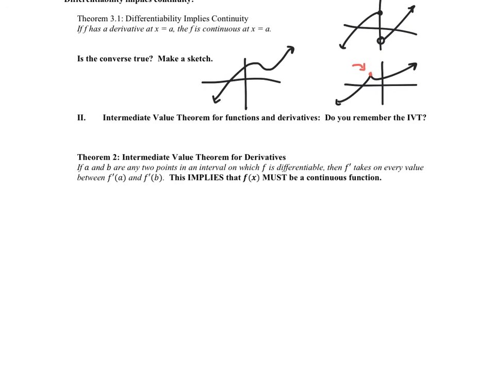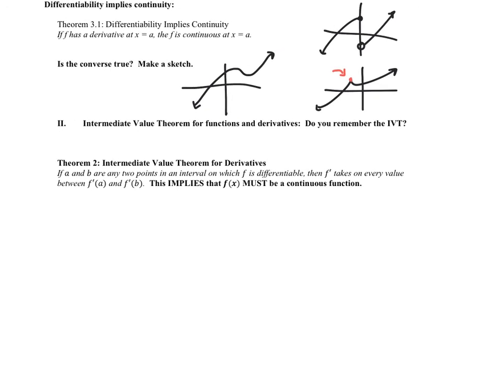Theorem number 2, the intermediate value theorem for derivatives, says that if a and b are any 2 points in an interval on which f is differentiable, then f prime takes on every value between f prime at a and f prime at b. This implies that f of x has to be continuous. So let's look at a quick sketch.